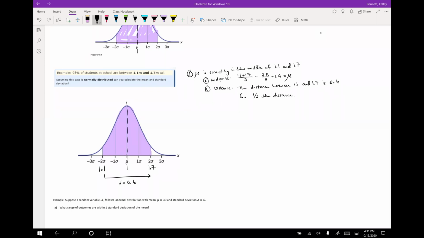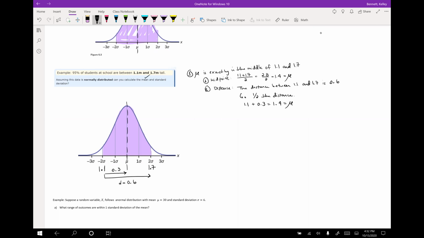So half the distance is 0.3. So 1.1 plus 0.3 gives me 1.4 as well. This might feel more intuitive, but what we did in method A is certainly faster and we get the same result, which is good. So we computed the mean, check. And we need to compute the standard deviation.